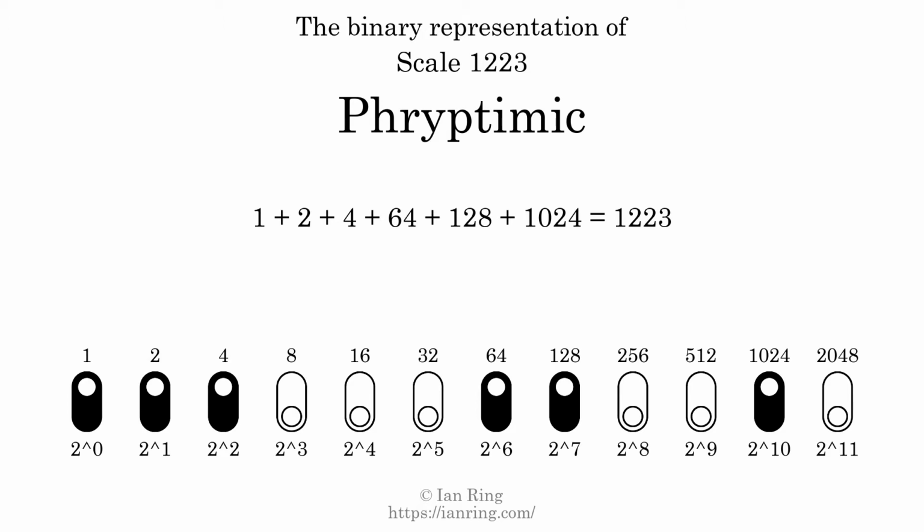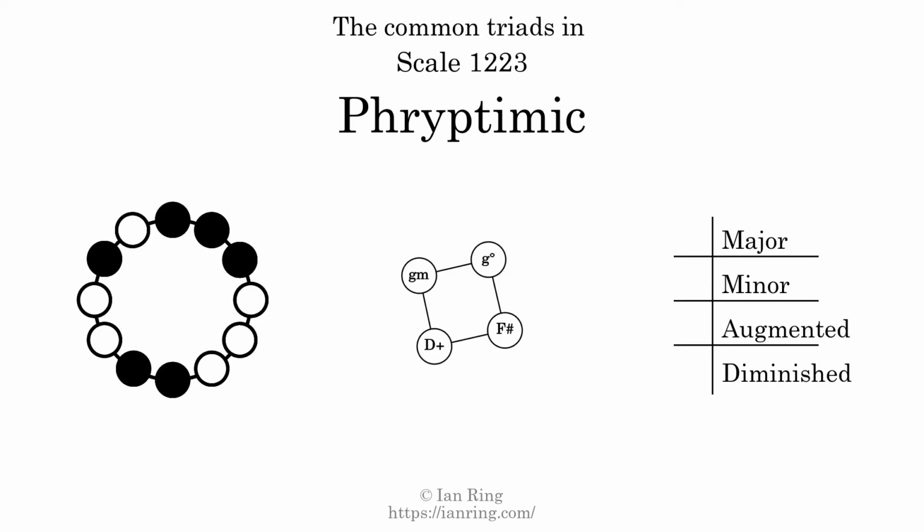That is why the scale number, in decimal, is 1223. The scale number not only enumerates the scale with a unique index, but it also literally describes the tonal content of the scale. Represented as a binary number in base 2, the scale number is 010011000111.